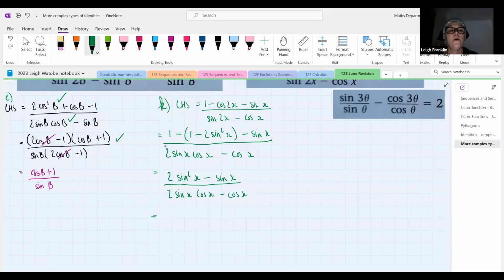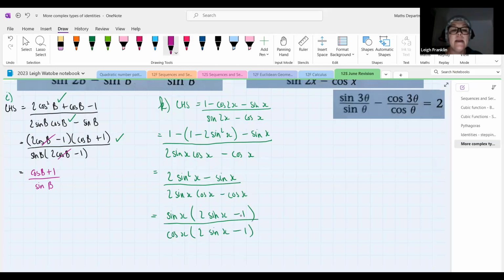At the top, we take out a highest common factor, which leaves us with 2 sine x minus 1 in brackets. At the bottom, we take out cos x. Hopefully, we end up with the same thing in brackets, and we do: 2 sine x minus 1.